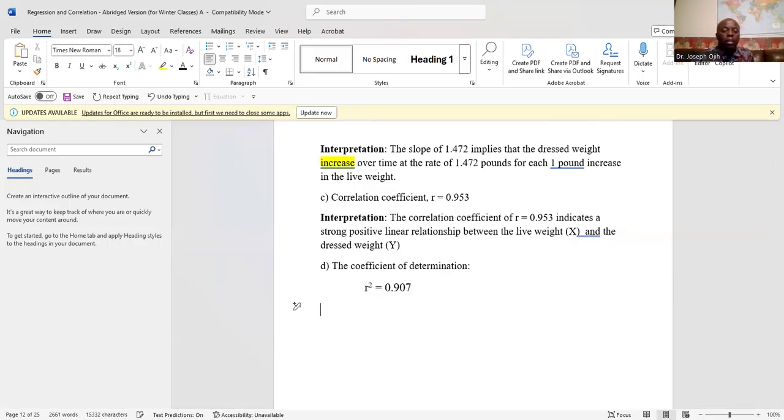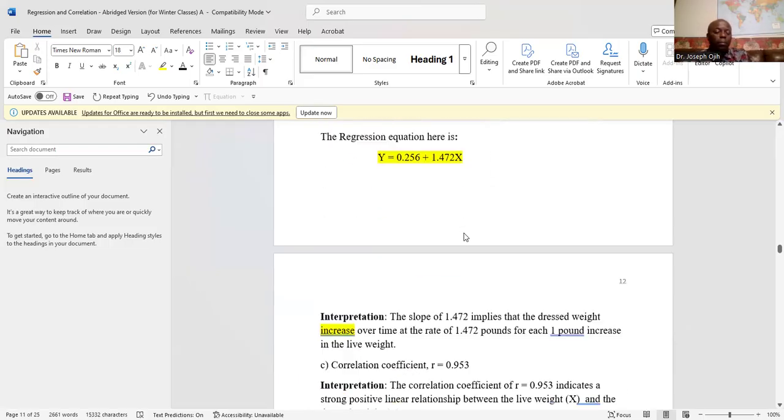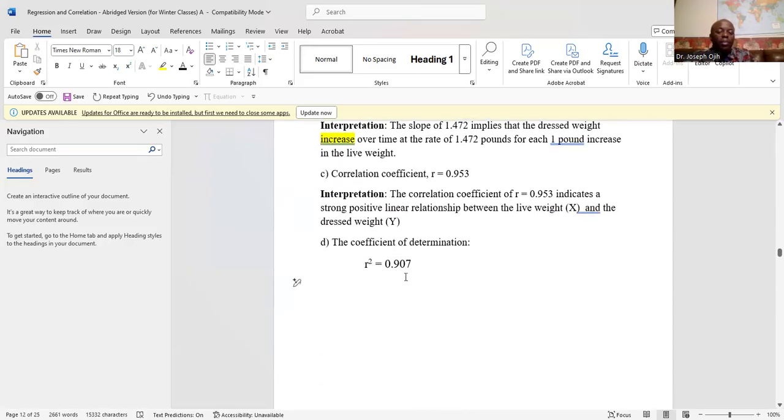What does this mean? It means that 90.7% of the change, the increase in the dress weight, because the slope shows us a positive slope, so it's going to be an increase. If it's a negative slope, it's going to be a decrease. So you say 90.7% of the increase in the dress weight is explained by the increase in live weight.